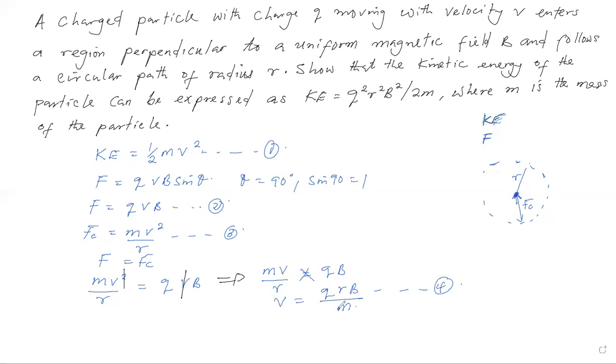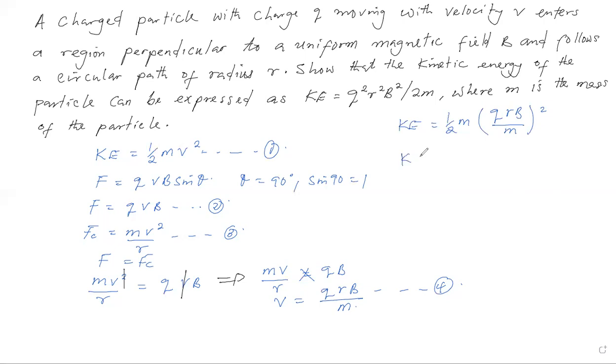So we erase here. All right, so we're going to have kinetic energy being equal to half m times v, and we have found v to be QRB over m, all squared. So we've substituted v with that.